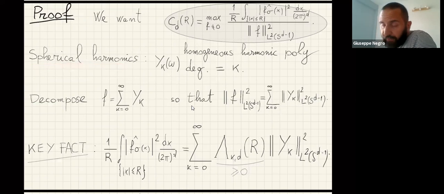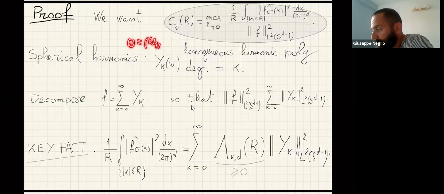The spherical harmonics. Spherical harmonics you can define in a variety of ways. I am using here these Cartesian coordinates. So it's convenient to define them as homogeneous harmonic polynomials of degree k. So always this letter will denote a homogeneous harmonic polynomial of degree k.